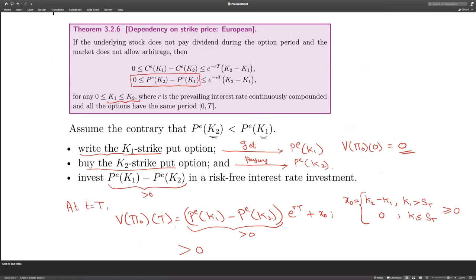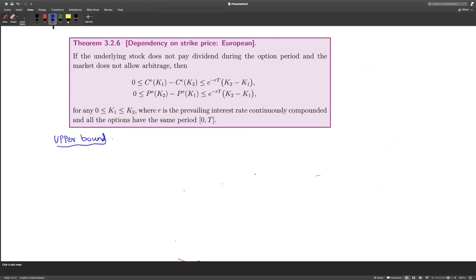Now let us see how to prove the upper bounds for both call and put options. For this, we will use the put-call parity result. If you recall, the put-call parity result for K1 strike is given by CE of K1 minus PE of K1.